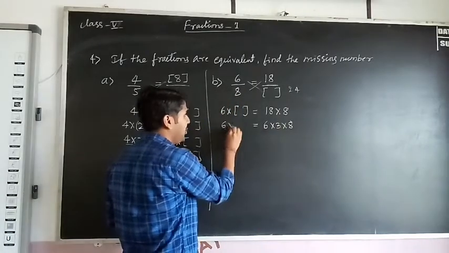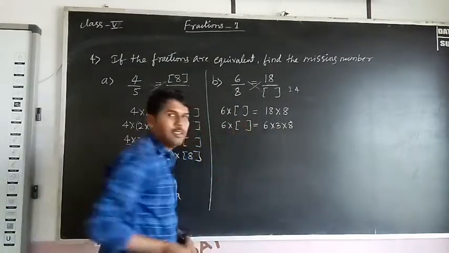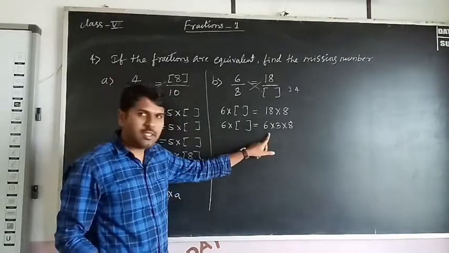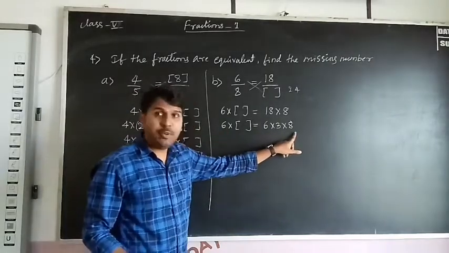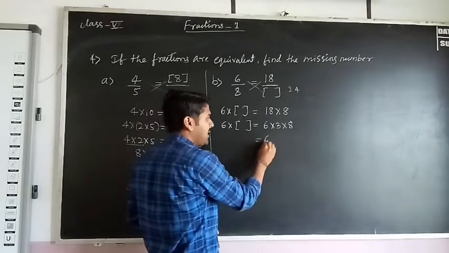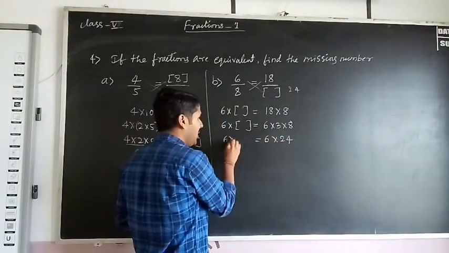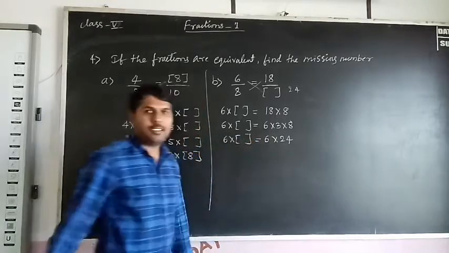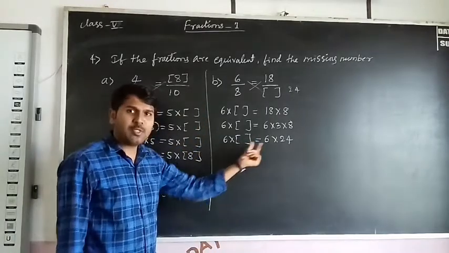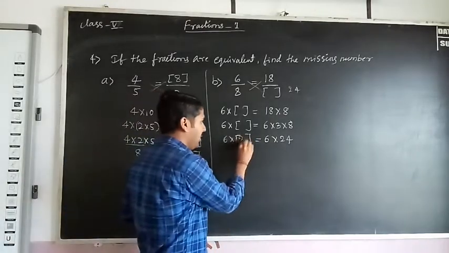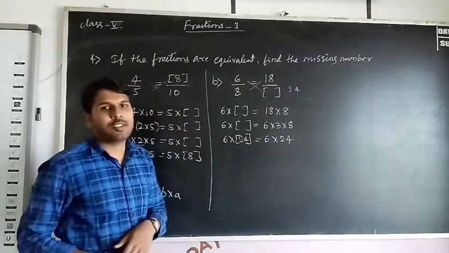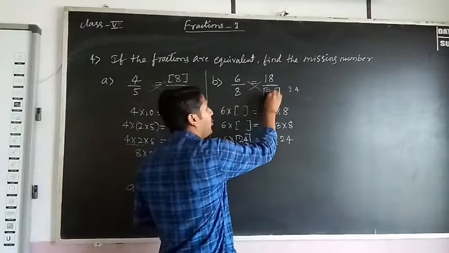Next, 6 into the bracket. So now 6 is common. So 3 into 8, what will be the answer? 3 8s are 24. So 6 into the bracket. So what is the missing number? The missing number is 24 as well.